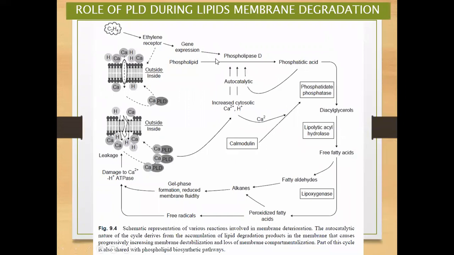Ethylene will trigger gene expression of phospholipase D, and this is the complete pathway of how gel phase formation happens, and then it will trigger more ethylene to be generated in the cell. So you can see there is an interaction between ethylene and this enzyme. So we take a break.